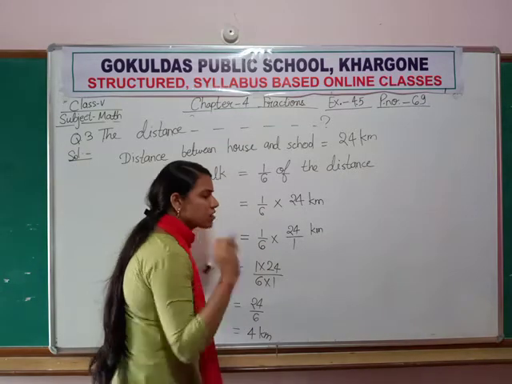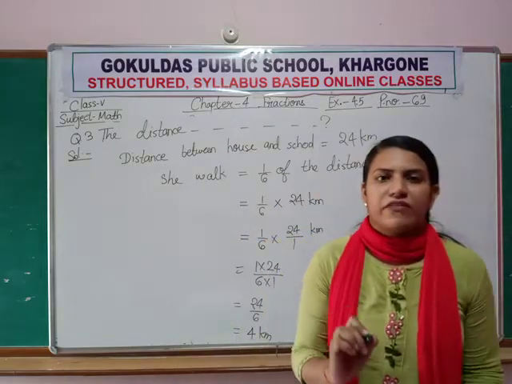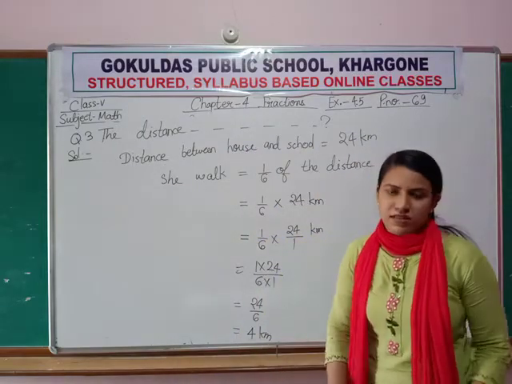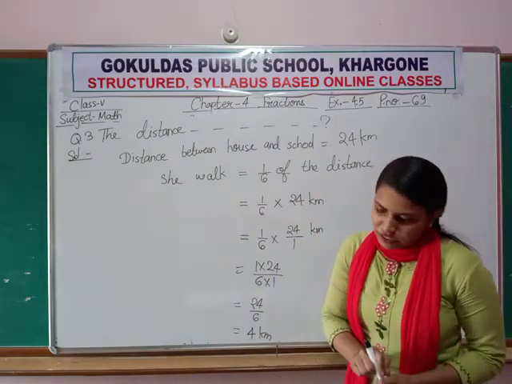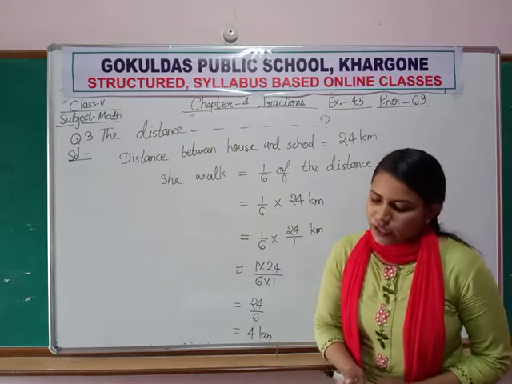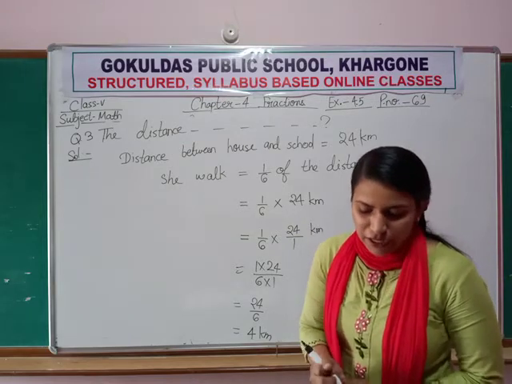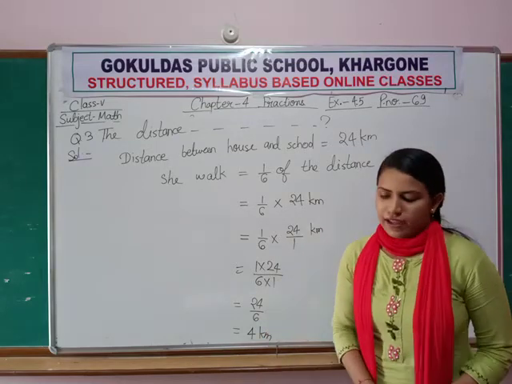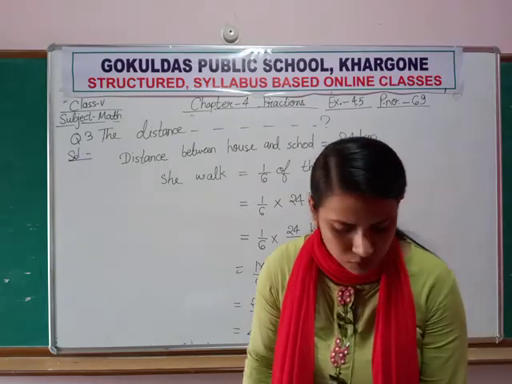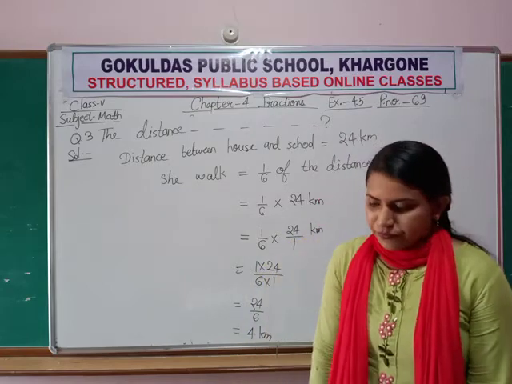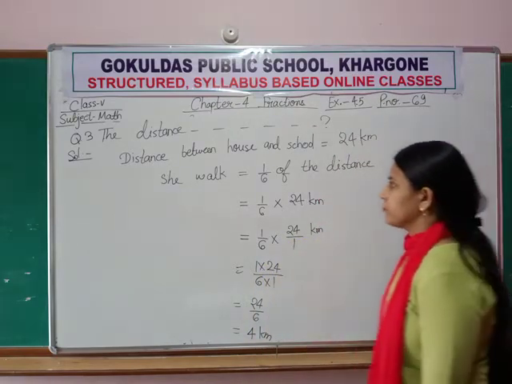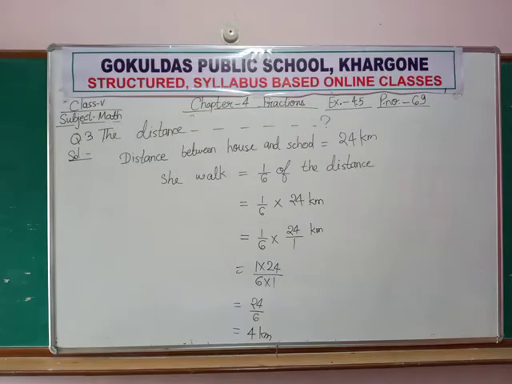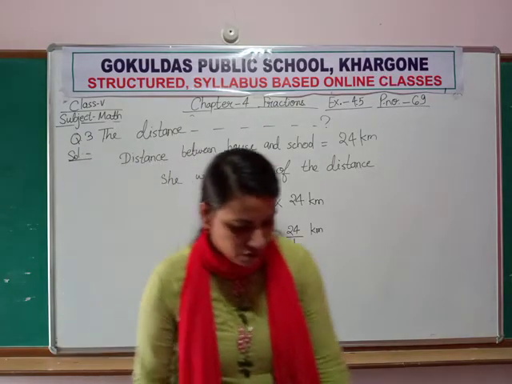So she walks 4 kilometers every day. 4 is our answer, or 4 upon 1 is our answer. So we conclude that she walks 4 kilometers every day. I hope it is clear to you.